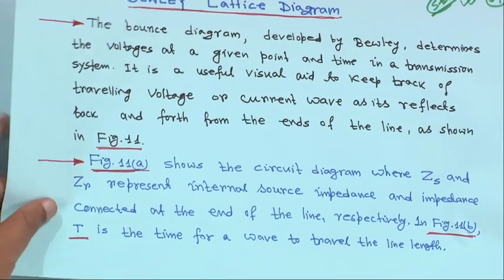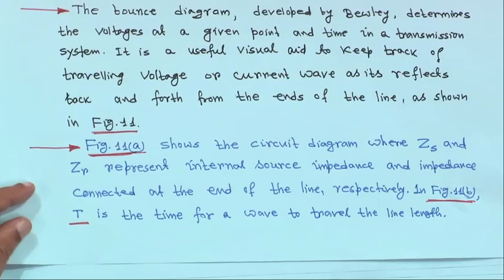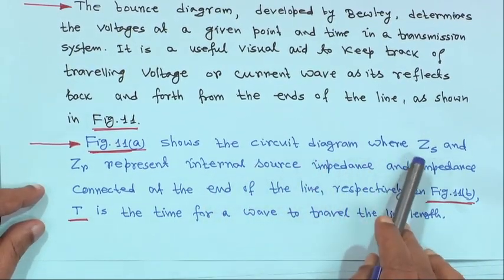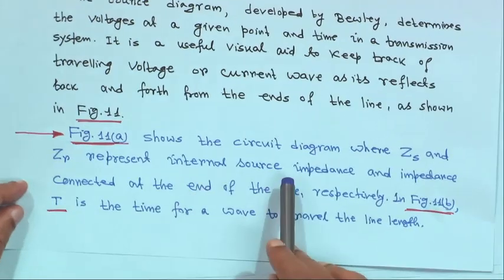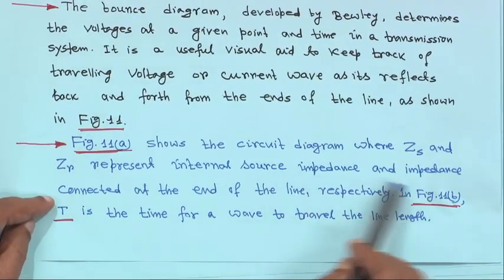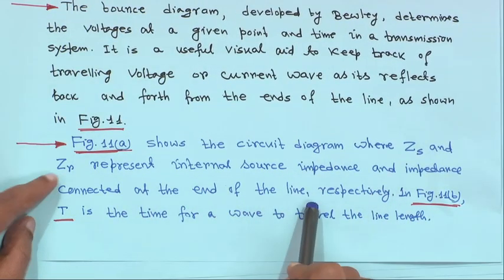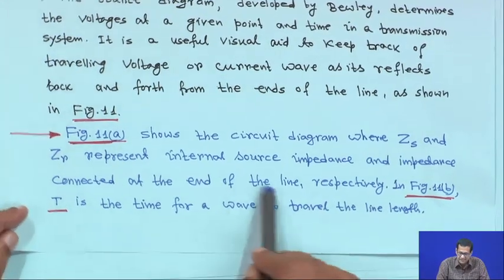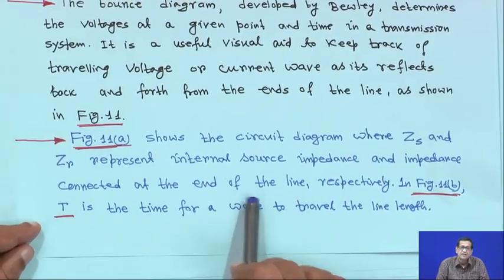First, before showing the diagram, figure 11a is the circuit diagram where Z s and Z r represent the internal source impedance and the impedance connected at the end of the line. Z s is the source or internal impedance, and Z r is the impedance connected at the end of the line.